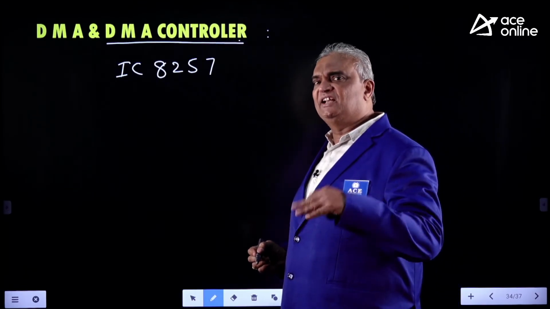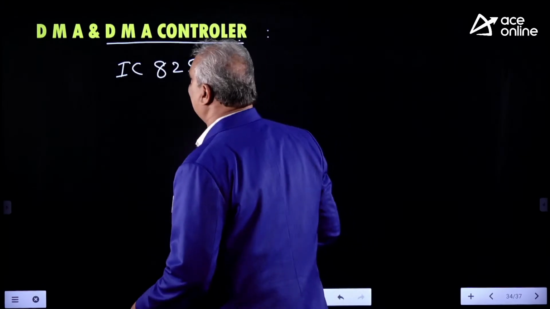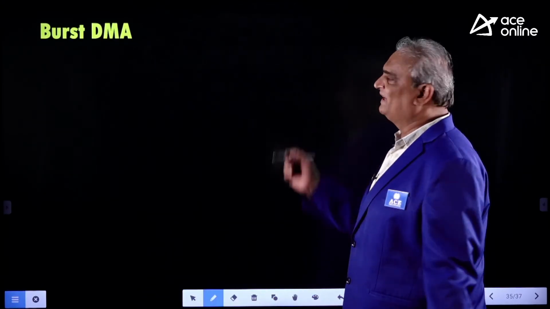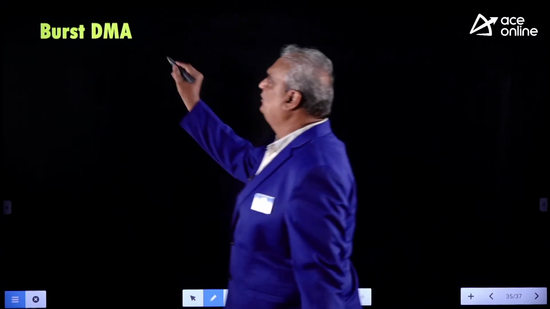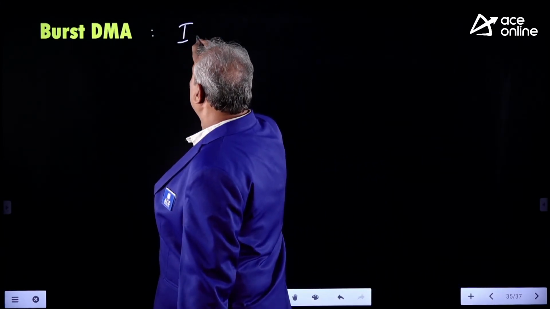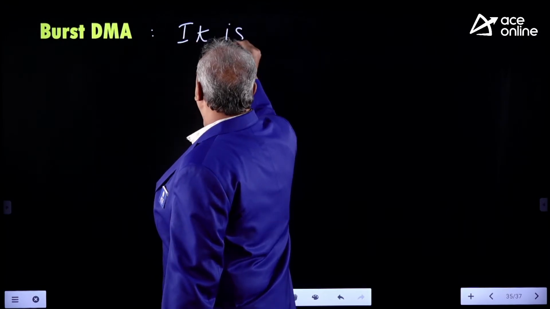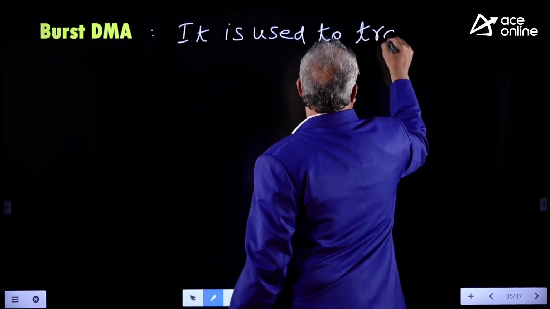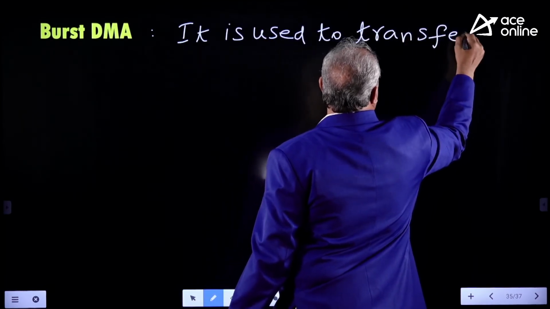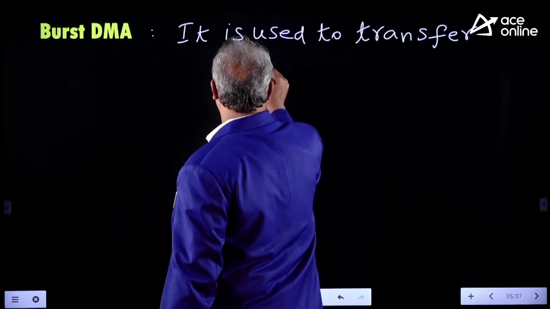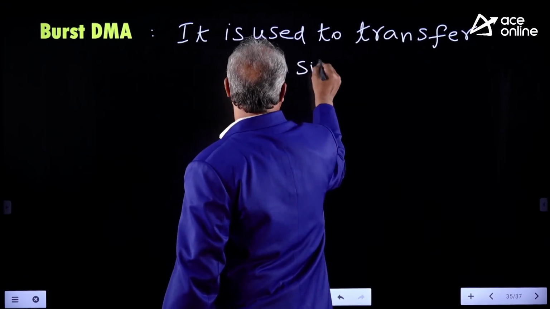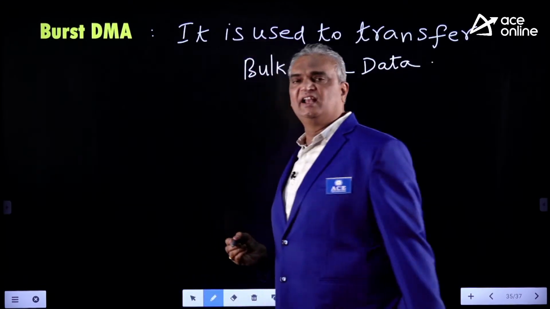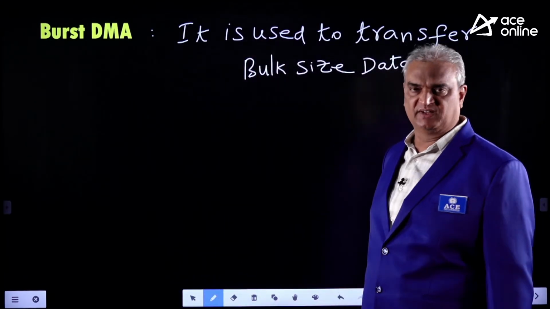So this operation can be performed in 3 ways. What is the first one? Burst DMA, also known as continuous DMA. It is used to transfer larger size of data, bulk size, until completion of the entire data transfer.